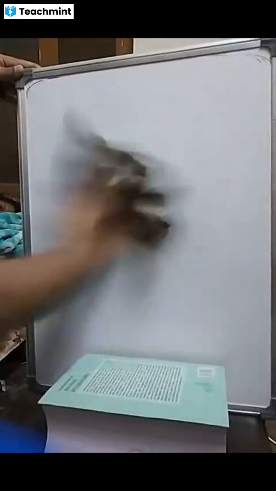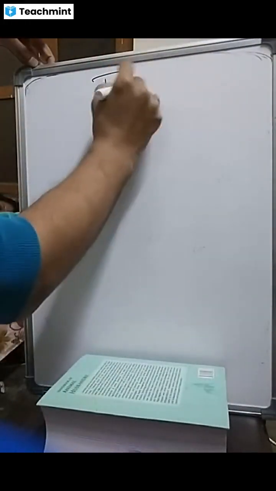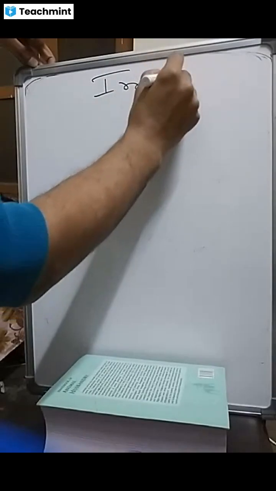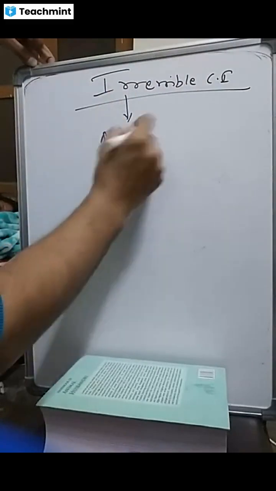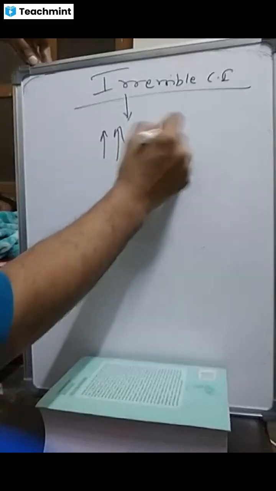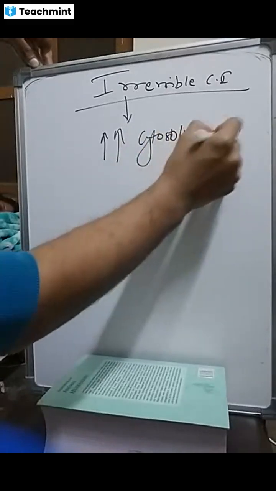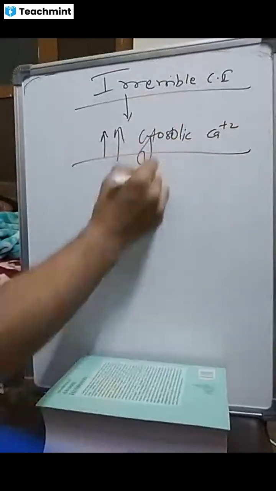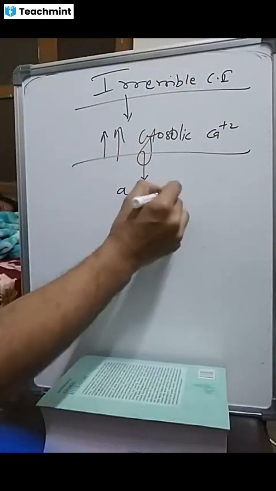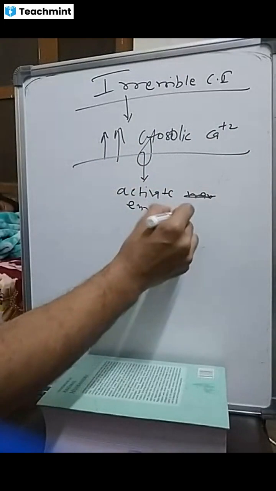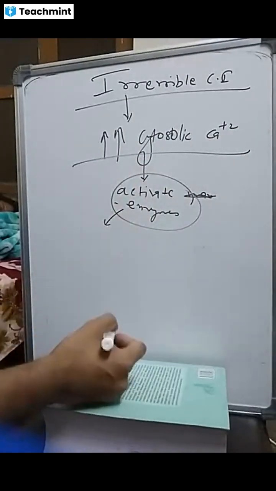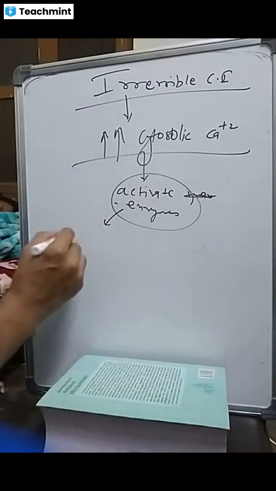In irreversible cell injury, there is very high calcium, and this calcium activates many enzymes, like nucleases.